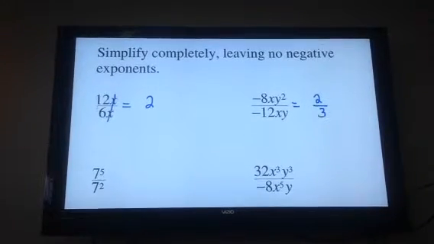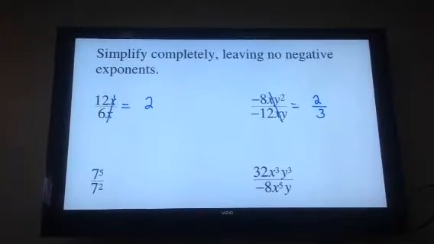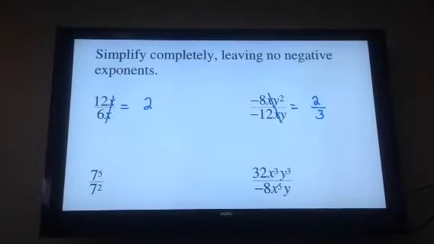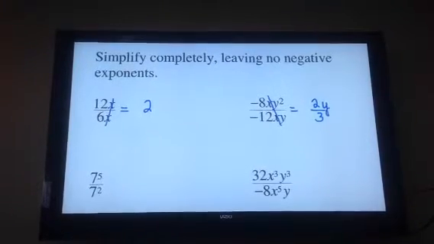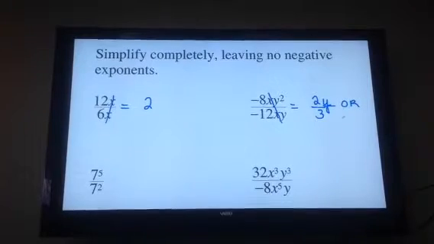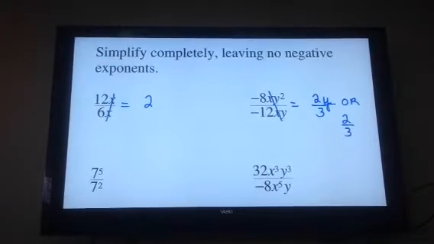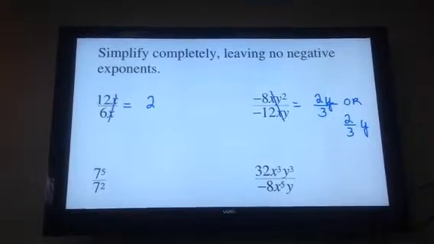I'm dividing 4 into each of those. My x over x would cancel out. And my 2 minus my understood 1 would leave me y to the 1 power in the numerator. This could be written as 2/3 y. I personally like 2y over 3 better for myself, but it's the same thing.